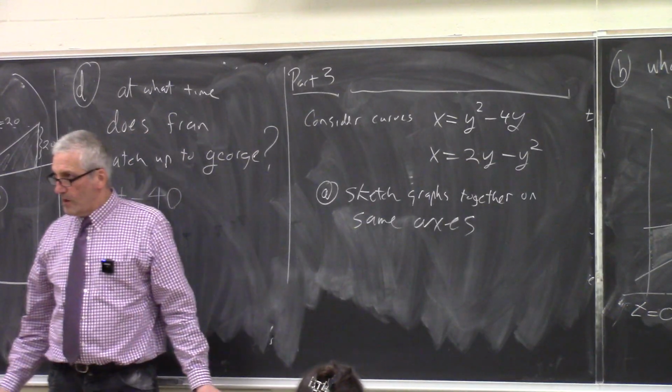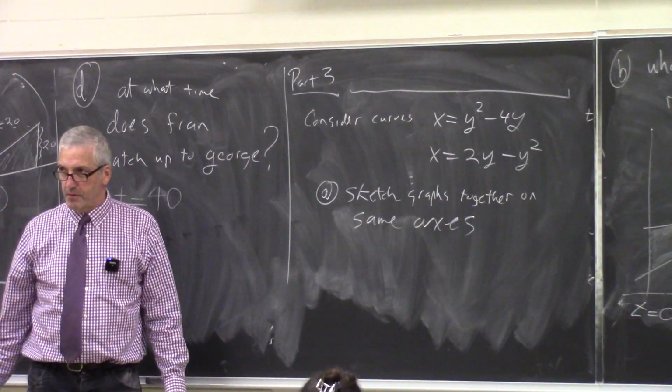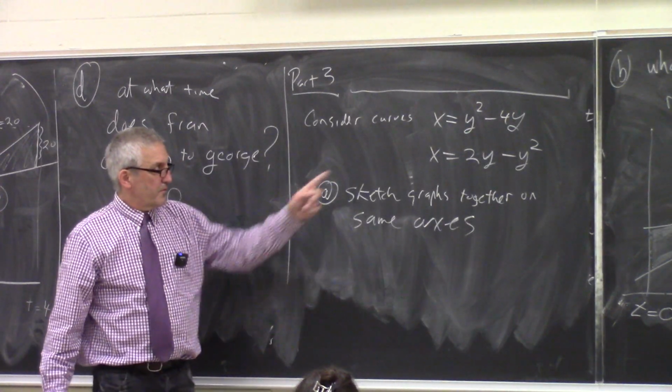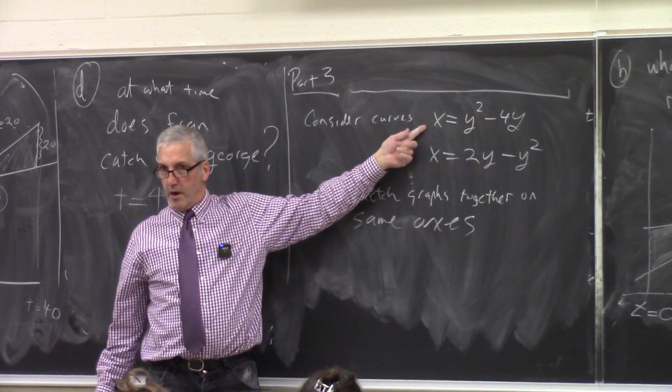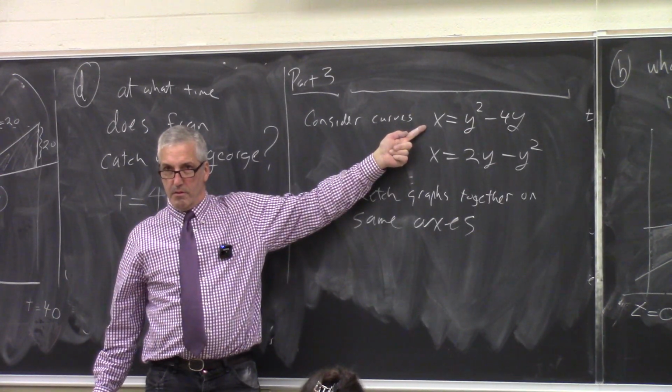Okay, so who can help me with this? Who can tell me something about the shape of these graphs? Raise your hand. So for instance, the graph of x equals y squared minus 4y. What's the shape?